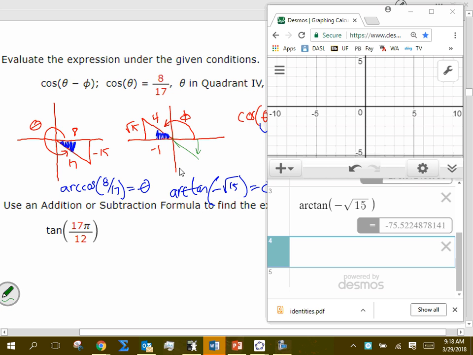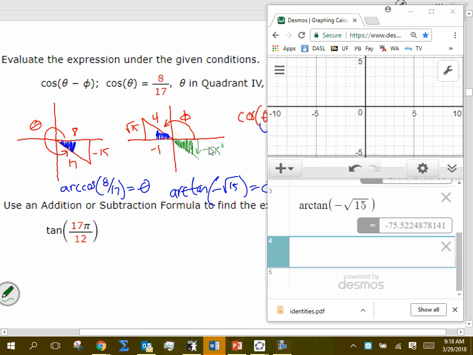Does that make sense, everybody? Okay. What do you know then? If that's negative 75 degrees, and negative just tells me the direction, what's this blue angle? 75. Those two angles are vertical, aren't they?